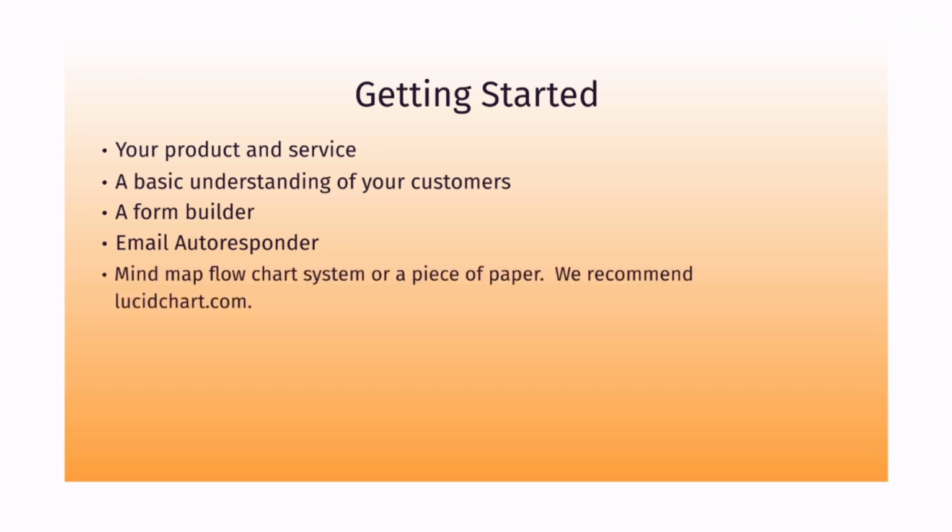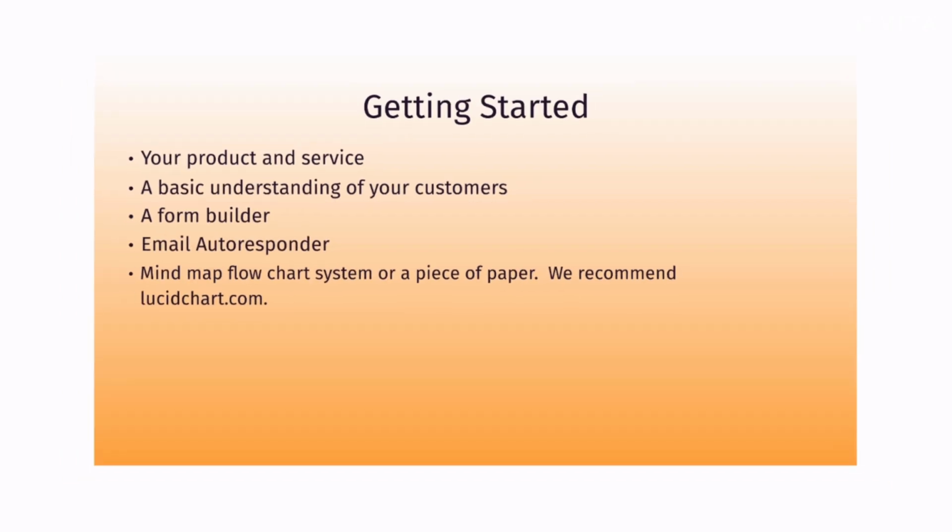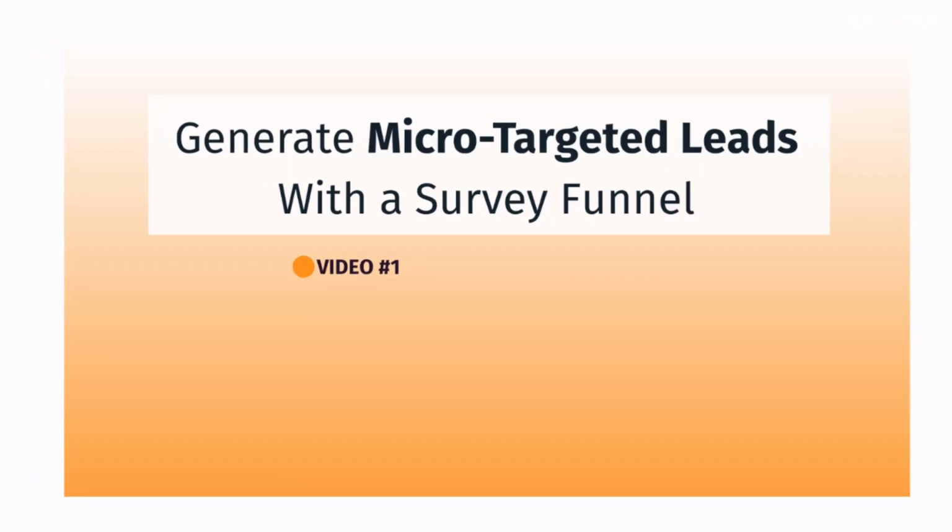And last but not least, you will need a mind map flowchart system or a piece of paper. We recommend lucidchart.com. You can use a piece of paper, but you'll see why in just a minute that using a piece of paper is not the most ideal situation, especially when you begin to map things out and you need to move things around. So with that said, let's move on to video number 2.